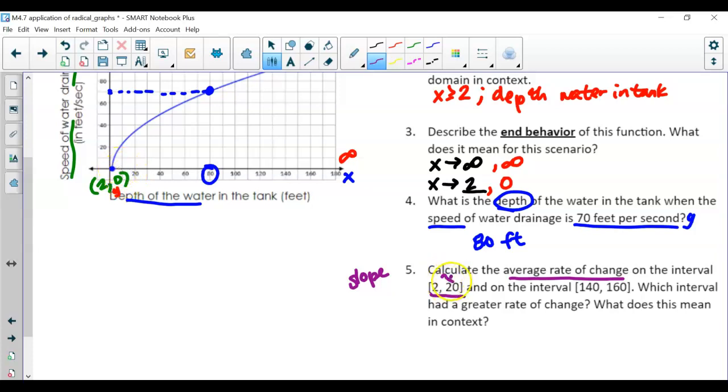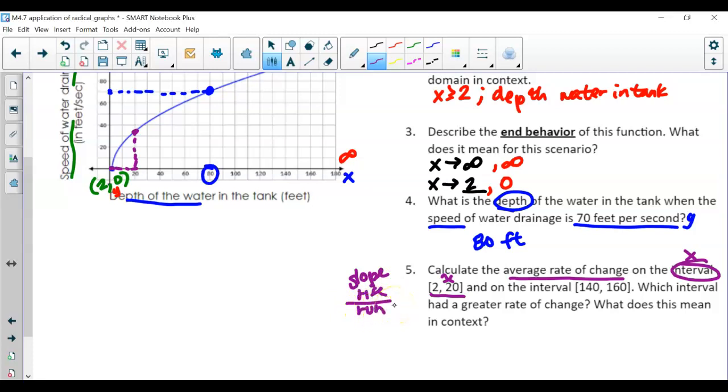So these are our x values again, our interval. So from 2 to 20, we are looking at this portion of our graph, and we're going to estimate. We need the rise and we need the run. Remember, slope is rise over run.